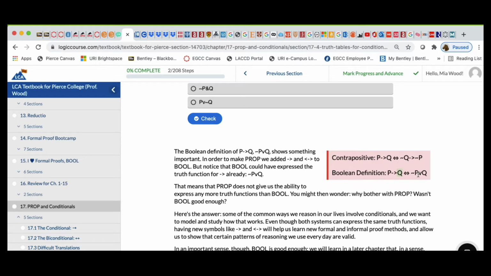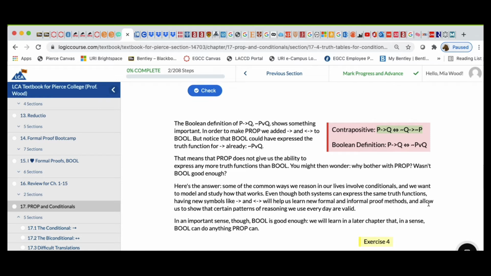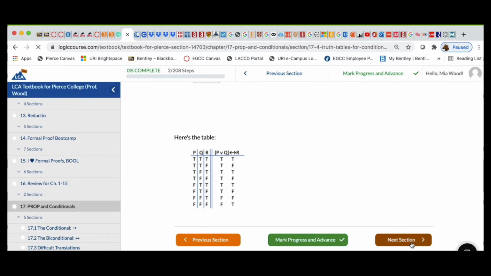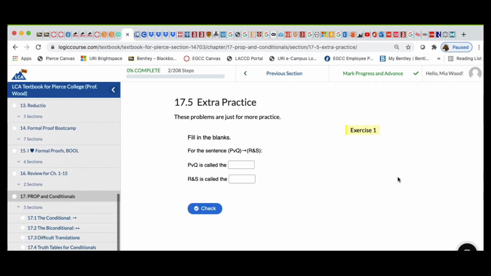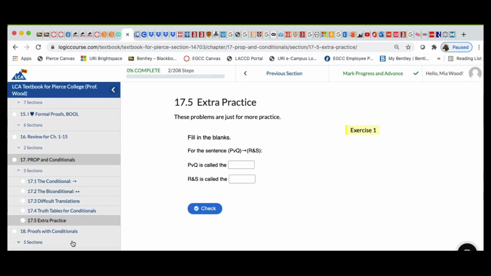Notice that we've already done this. Often this set of equivalences, if we use it as a rule in a proof, is called implication. Here it's the contrapositive. Okay, so hold on to that.